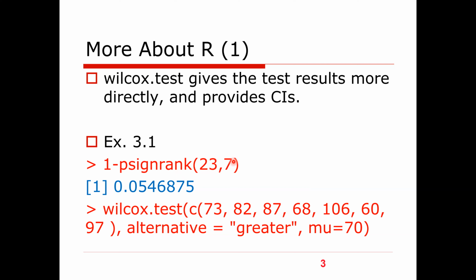And because the alternative is greater than, by testing the upper tail, we need to use 1 minus this p-value to get the p-value for the null.